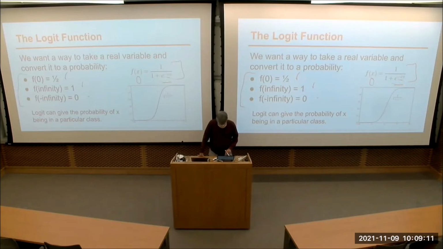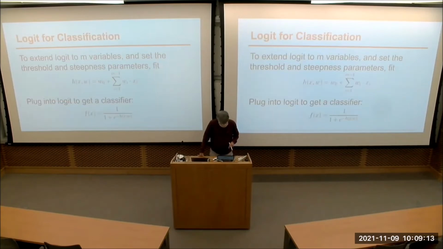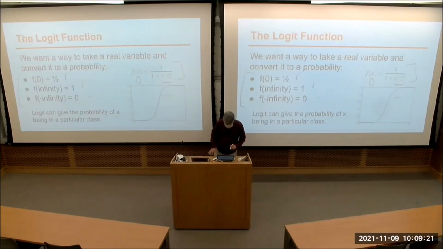Now what is the idea? When I look at the Logit function, it does what we want in that it's returning a probability between 0 and 1. But it only has what looks like one variable in it.